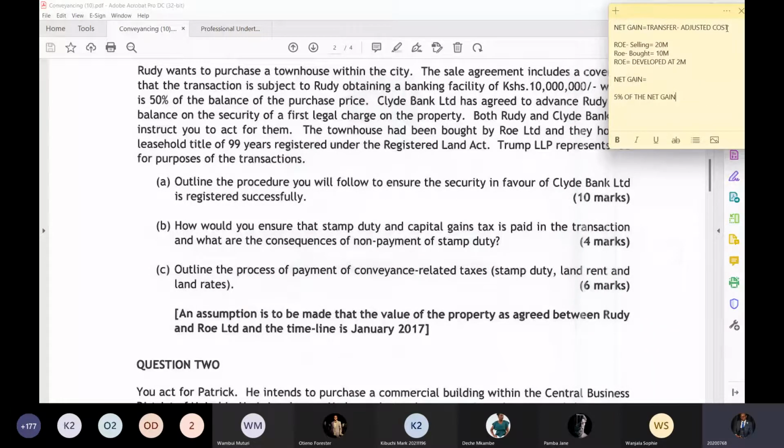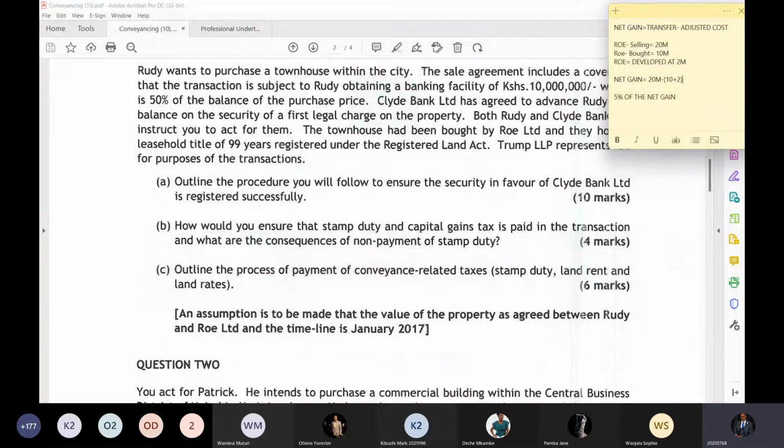You first need to calculate the net gain. The net gain is the transfer value, which is 20 million, the property in which Raw is selling, minus what? They bought the property at 10 million and developed it for 2 million. So what do you get there? 20 minus 12 million, which is 8 million.